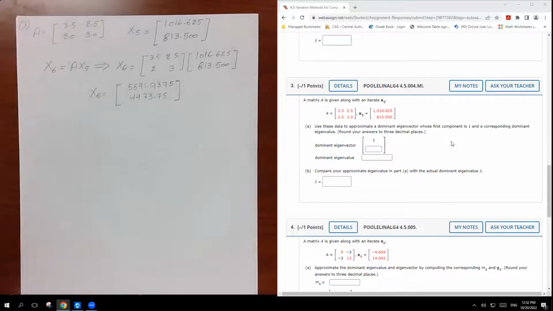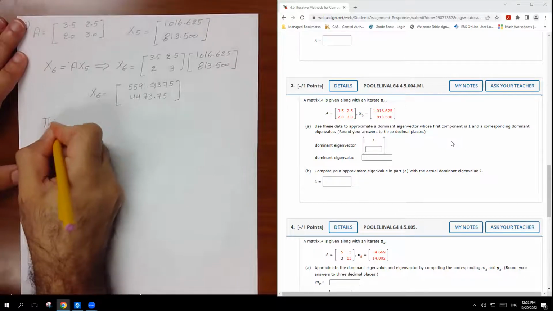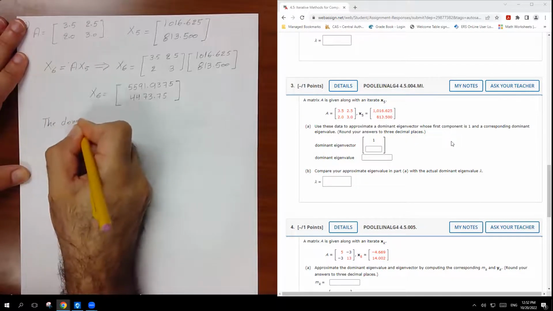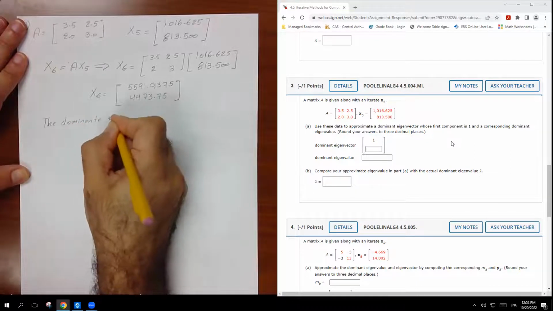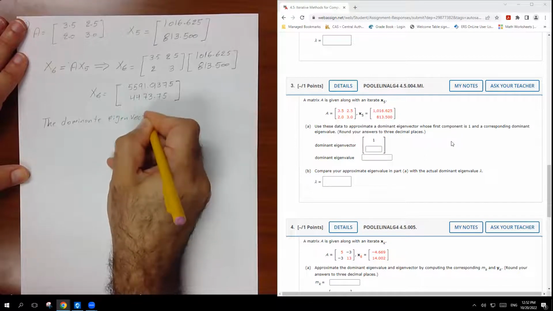Then we're going to find the dominant eigenvector. How?